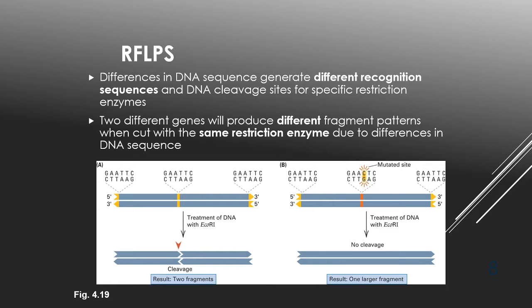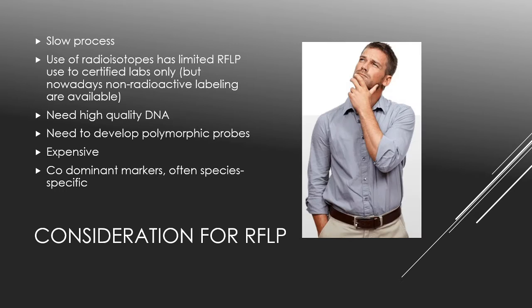So now you have two fragments. But in this DNA, there is no restriction enzyme site because in the middle, the GAATTC has been mutated. Because of this mutation, EcoRI cannot cut. So there is no cleavage. We have one larger fragment.